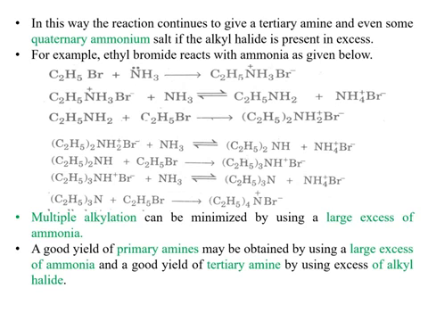In equation number 5, one of the reactants is the same, that is ethyl bromide, but the second reactant is different. In the first equation it's ammonia, but in the fifth equation it's diethylamine. So the diethylamine that is produced as a product in this reaction is involved as a reactant, and it will produce a tertiary ammonium bromide. This tertiary ammonium bromide will react with ammonia and the product will be tertiary ethylamine.